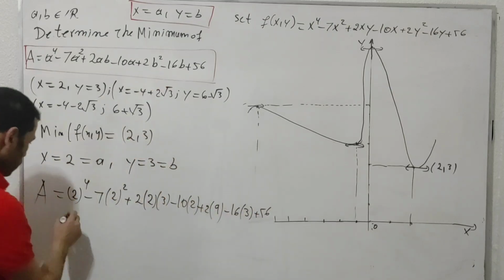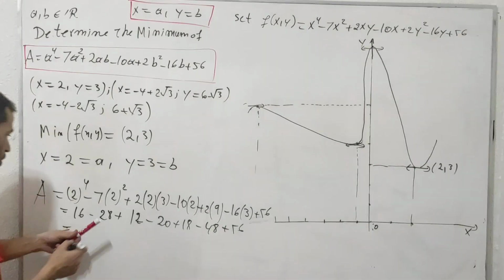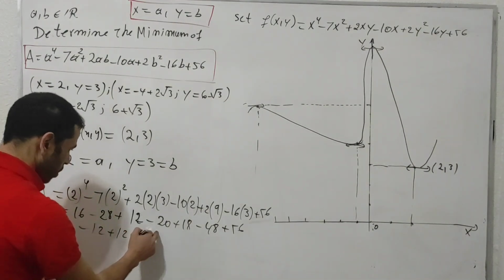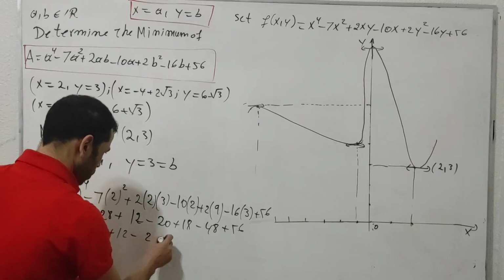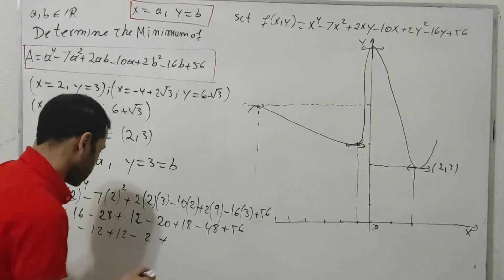This one is giving us 16, 16 minus 28 is giving us minus 12, plus 12, minus 20, plus 18, minus 2, 56 minus 48 is giving us plus 8.